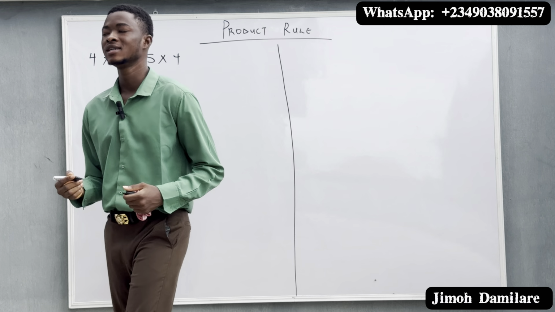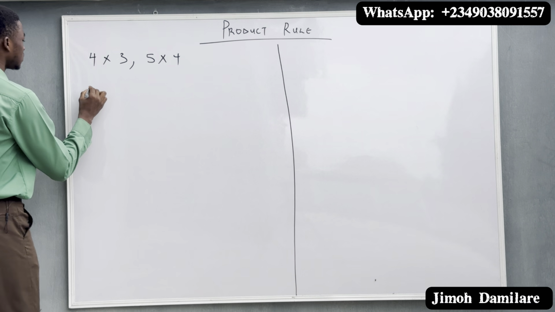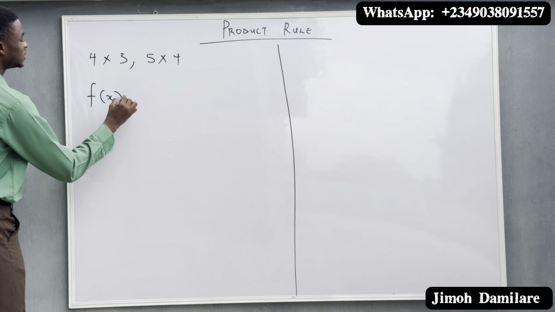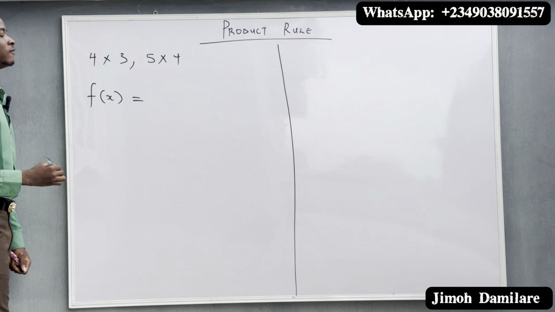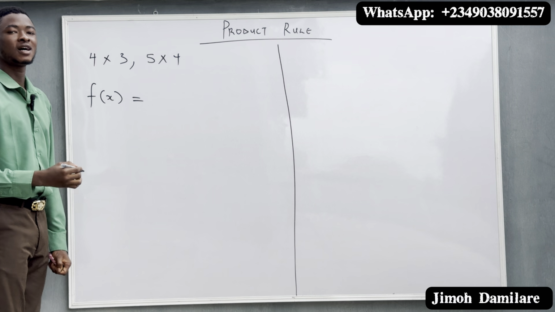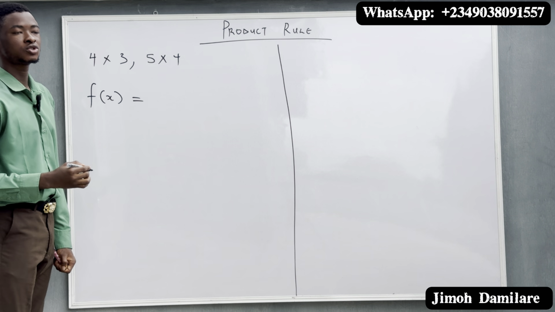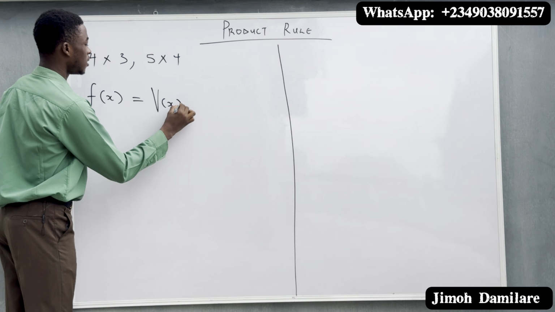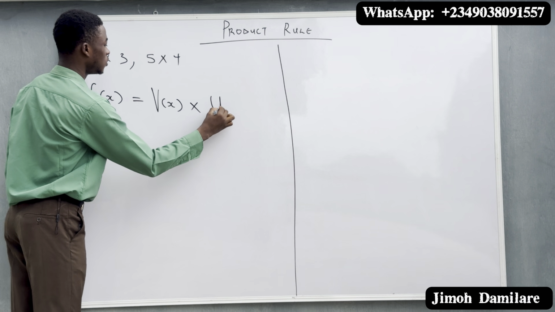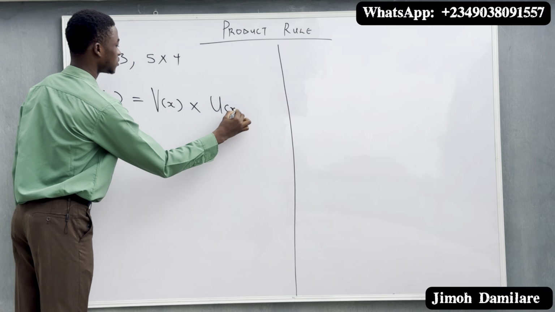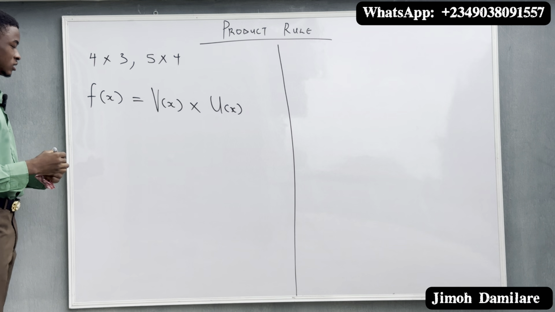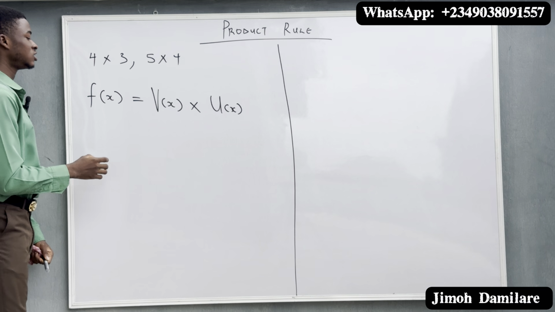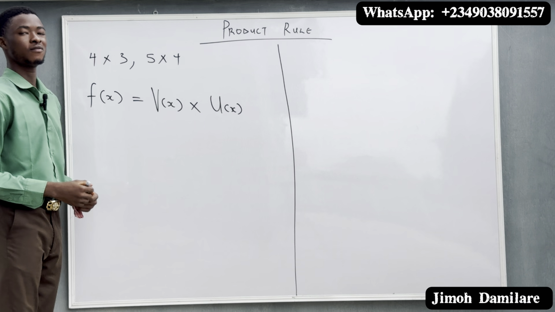So for example, let's say we have a function of x. F of x is expressed by v and u, such that v and u are also functions of x. So we have v, which is a function of x, multiplying u, which is a function of x. So this is what the product rule is all about: two terms multiplying each other such that both terms are functions of x.